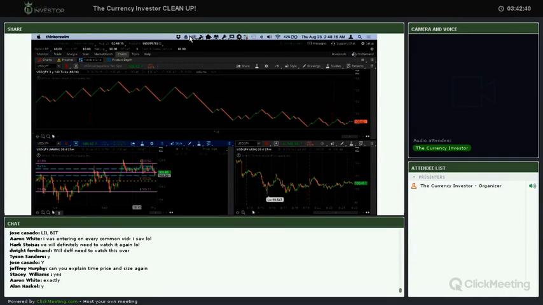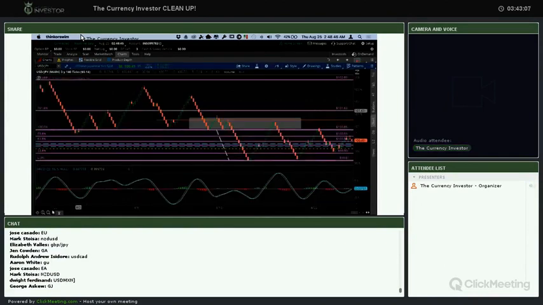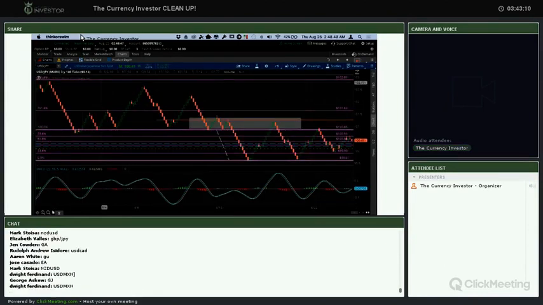Somebody give me another currency pair. Let's look at another one. Okay, so let's go. I got three for GBP JPY.